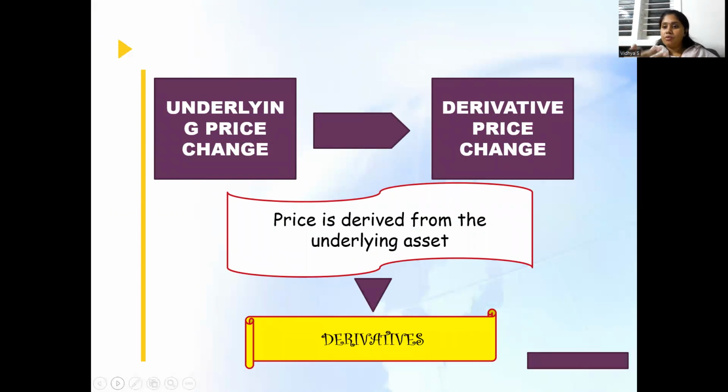After 4 to 5 months of trade, the value increases from 100 to 300, so the derivative price also changes. When I want to sell my gold today, I will sell it at the future price, because I know the value of my underlying asset will increase in future. That is where derivatives play a role. It is a medium given to trade.